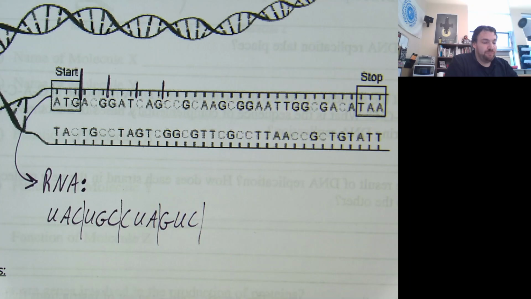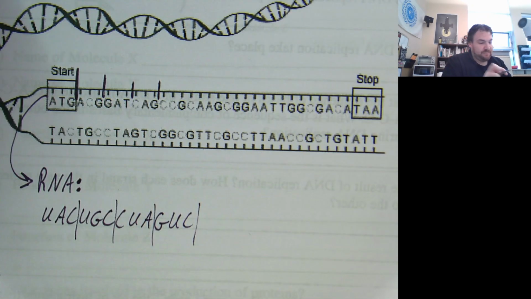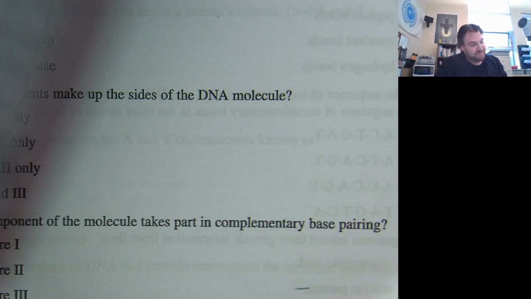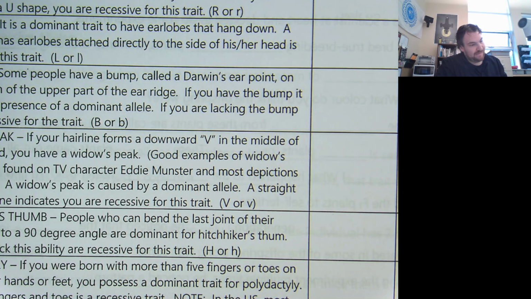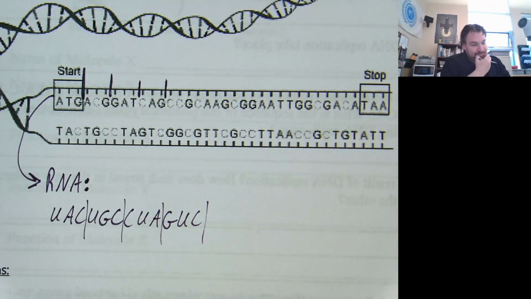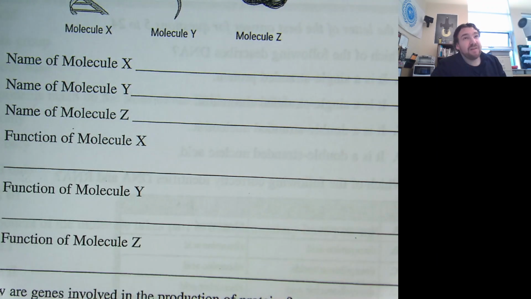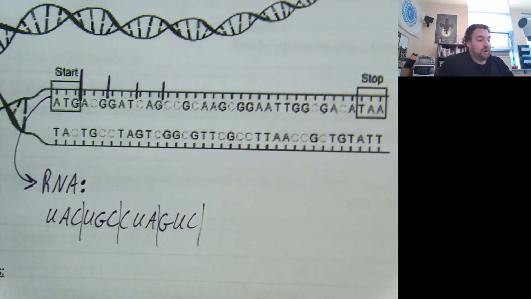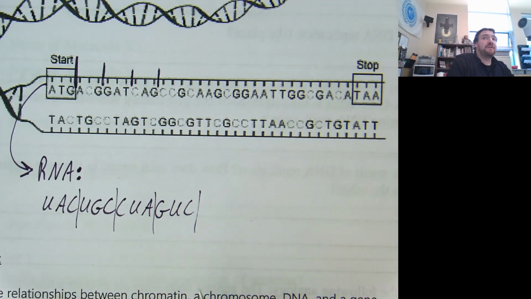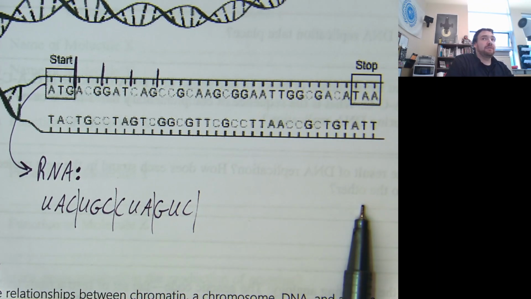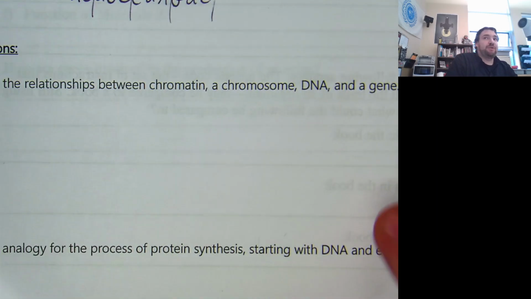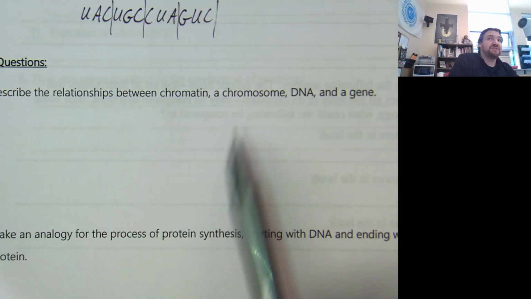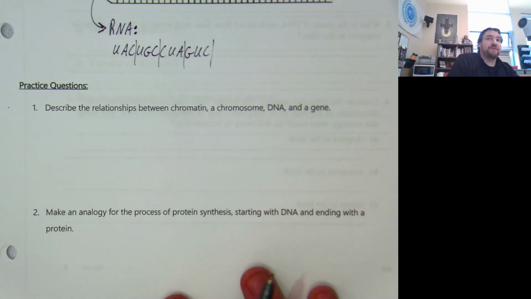What I'd like you to do, how do I want to play this out? How much time do we got left? 7 minutes. What I'd like you to do is finish off the RNA code, and I would like you guys to answer these 2 questions, and that is all you have to do for me for the rest of the block.